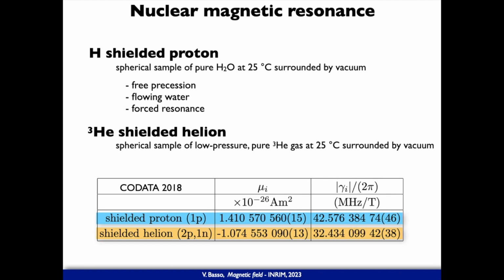This is something we have already seen before. The two nuclei that are generally used are the proton, the nucleus of hydrogen, which if in water we call shielded proton, or the shielded helium. You have to purify helium in order to get the helium-3 isotope, and then you have the very precise value of the gyromagnetic ratio that can be used for metrology.